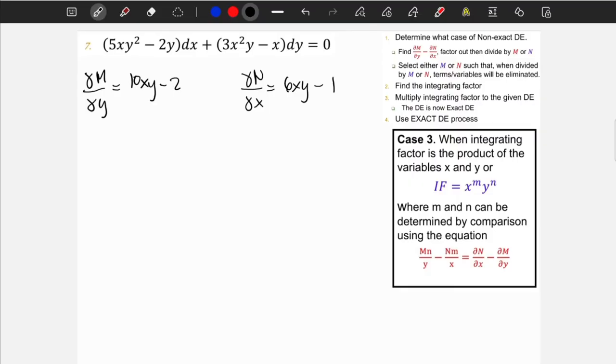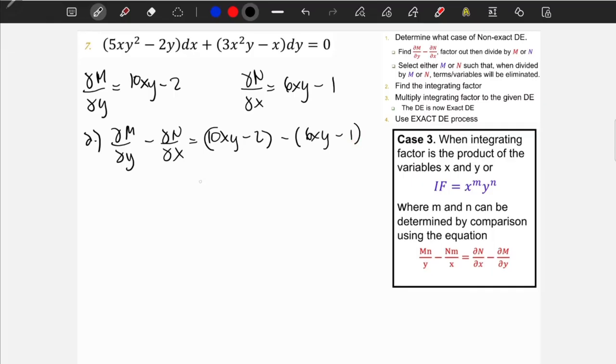First step is to determine the case of non-exact DE, so we have to find the difference of the partial derivatives. The partial derivative of m with respect to y is 10xy minus 2, minus the partial derivative of n with respect to x is 6xy minus 1.